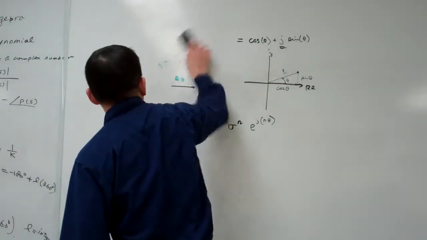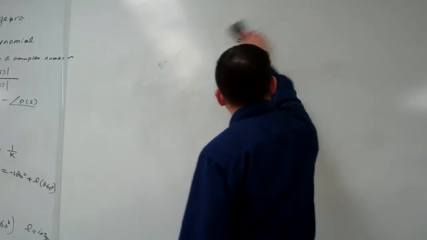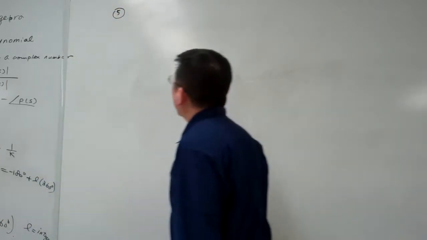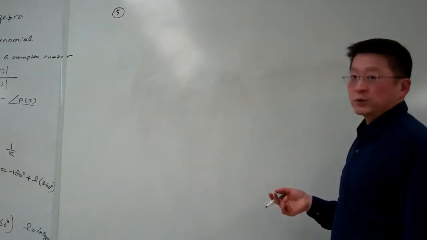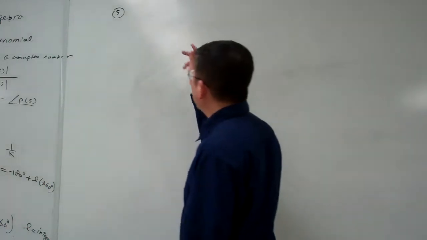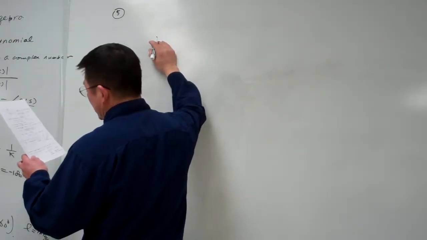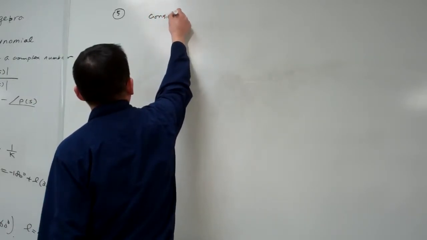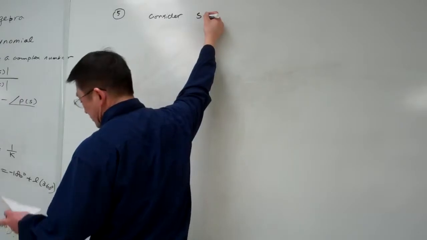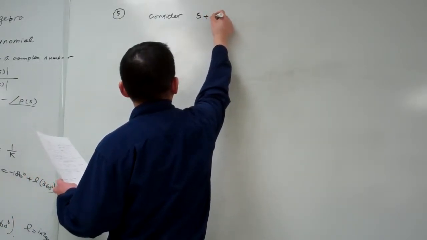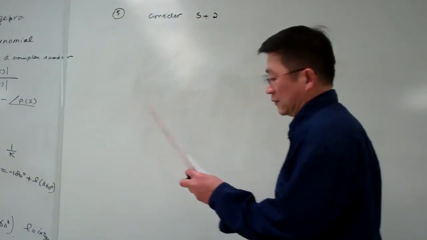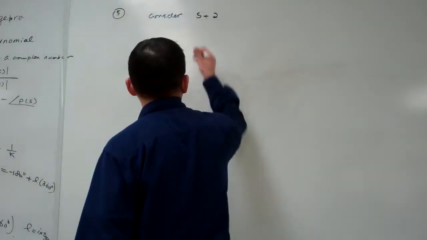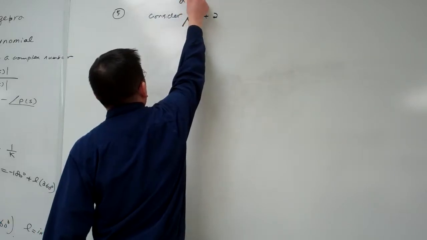Now the fifth one, I want to give more graphical interpretations of the complex algebra. So say, for example, consider S plus 2. And I would say consider transfer functions.